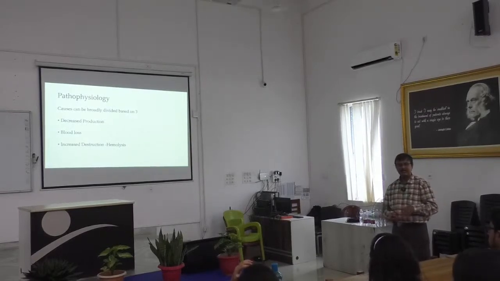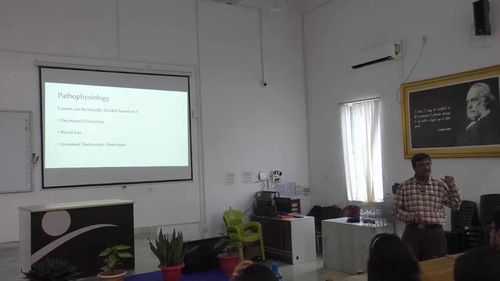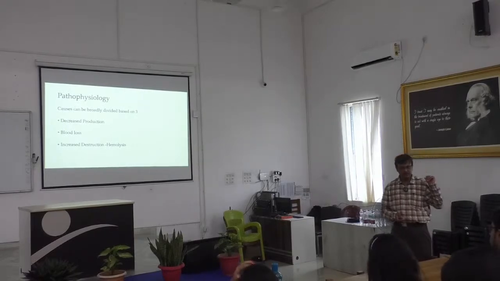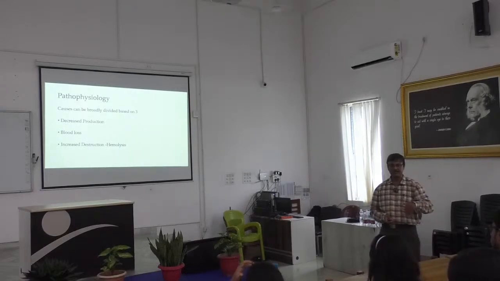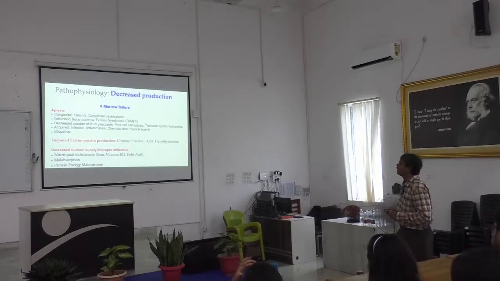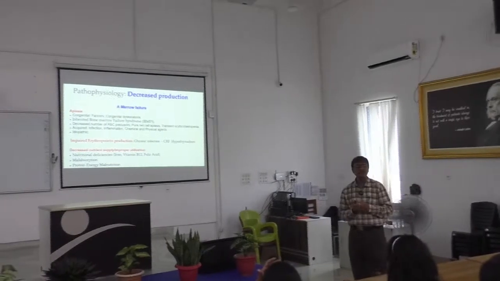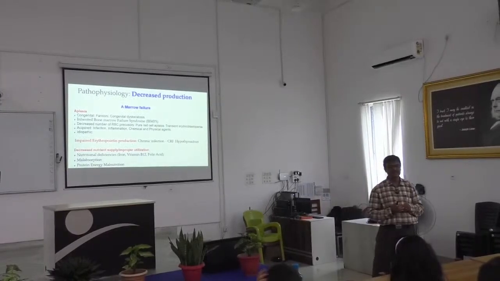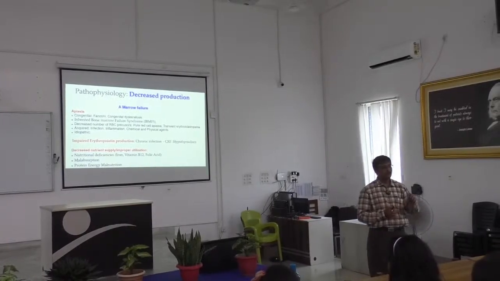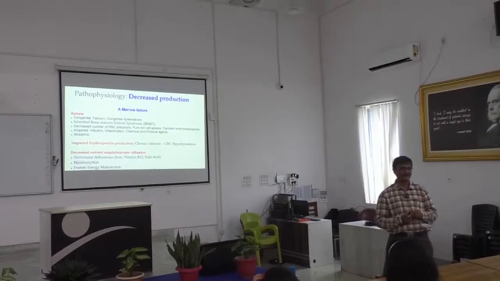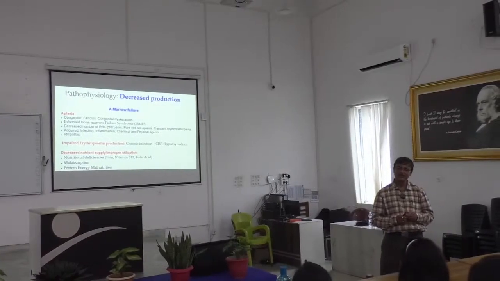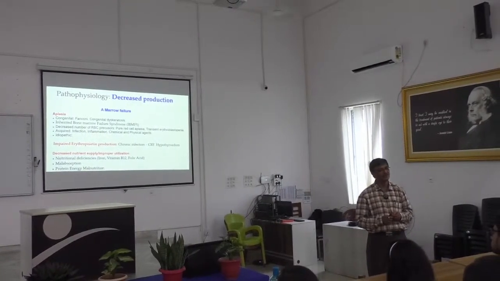Wastage may be either loss of blood outside the blood vascular system, or RBC is damaged within the blood vessel, that is called hemolysis. Now, decreased production may be due to different reasons. One is the factory has closed down, the machine has stopped working, so that is called marrow failure.